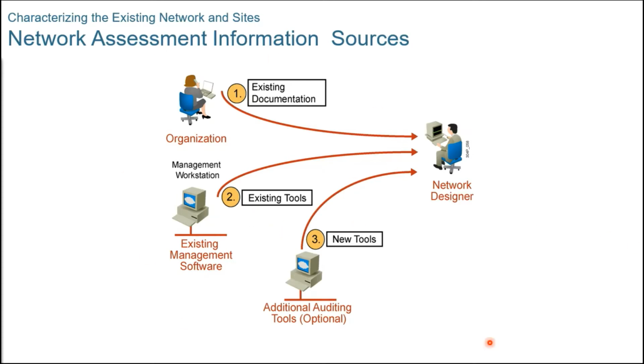Now, this figure illustrates three different sources of information that can be used in auditing processes. You have the existing documentation, the existing tools, and the new tools. The auditing process might require minor or temporary network changes. Automated auditing should be used in large or enterprise networks, for which a manual approach would take too much time.